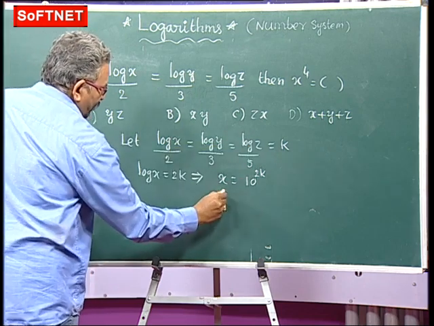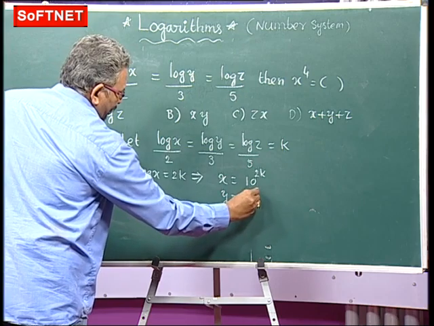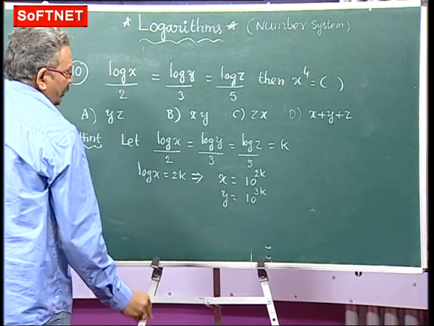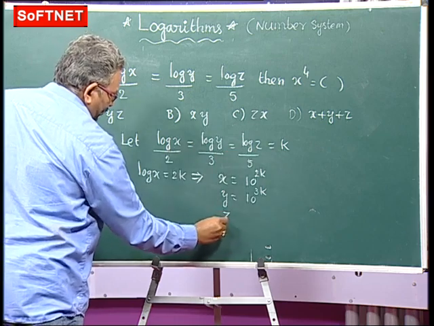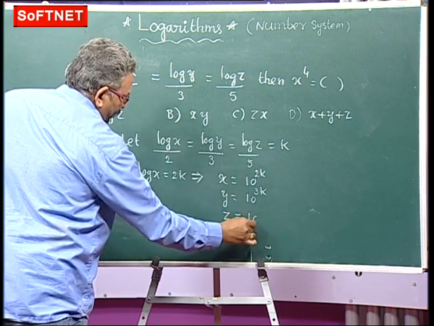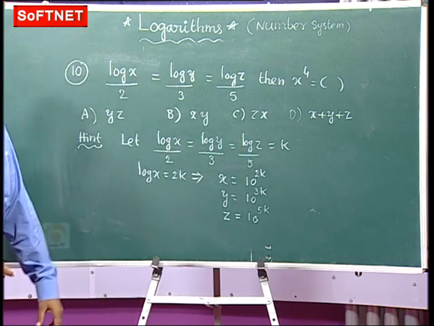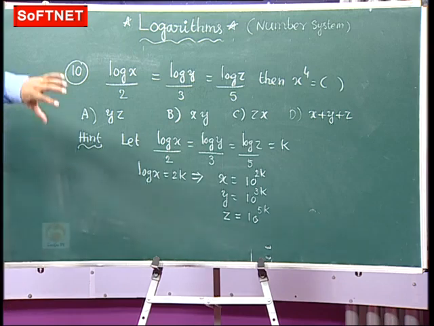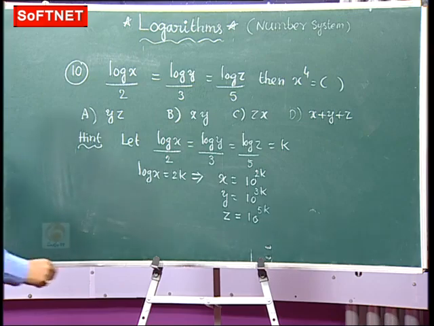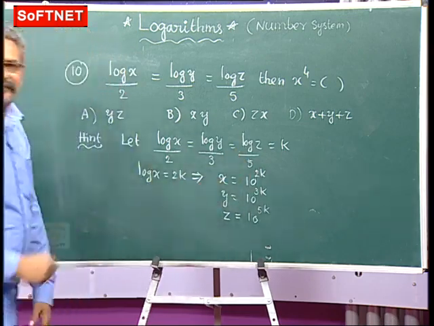Now, y you can write 10 power 3k. So, in the similar manner, z is equal to 10 power 5k. Okay. Now, we have to establish relation between these three.